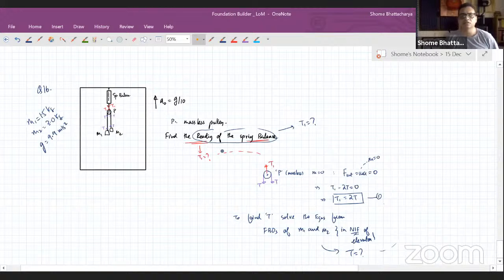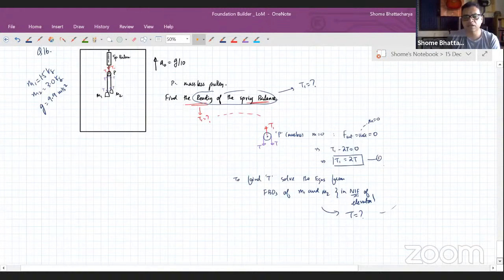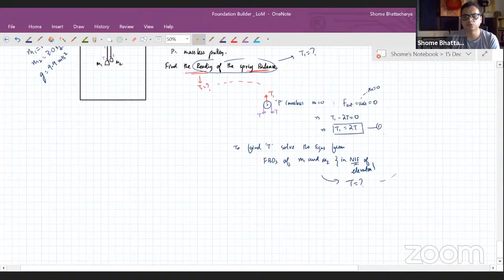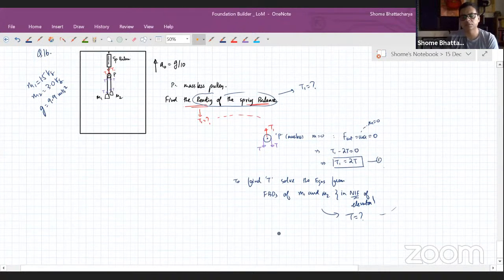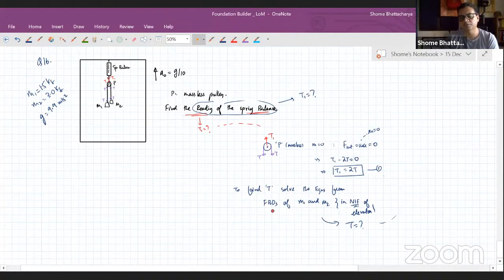We'll get T1, and that is nothing but the reading of the spring balance. So just note this up to this point and start working on the next part, where you have to make the free body diagrams of the two blocks M1 and M2 in the non-inertial frame and solve for T. Once you get T, you know that the reading of the spring balance is nothing but T1, which is 2T.